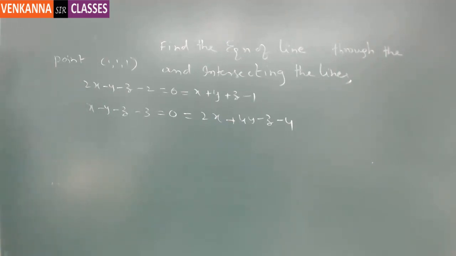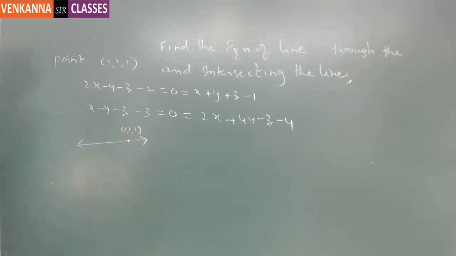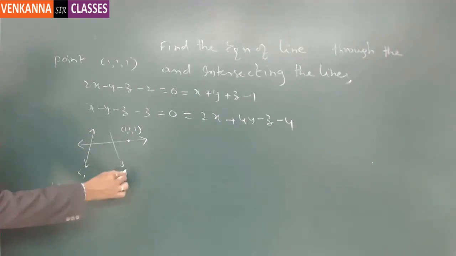If you visualize that, let me say this is my line. It has the point (1, 1, 1). Now it is intersecting the two lines. Say this is line 1 intersecting, this is line 2 intersecting.